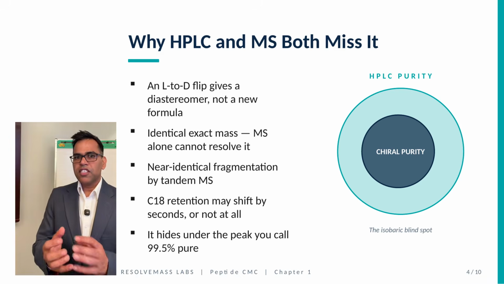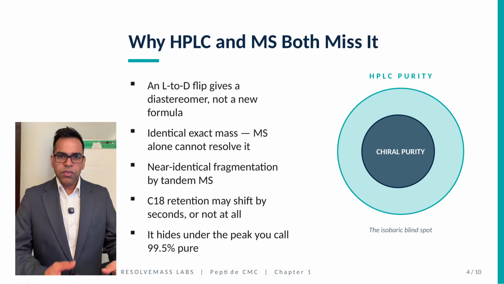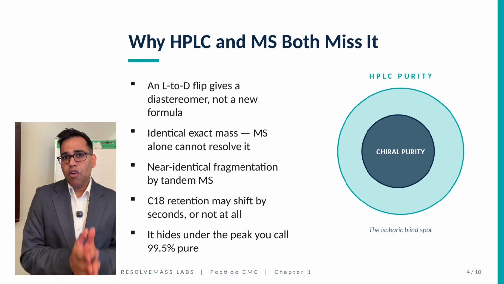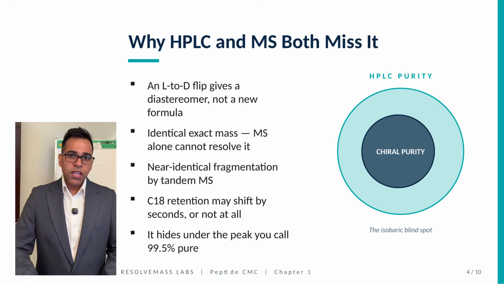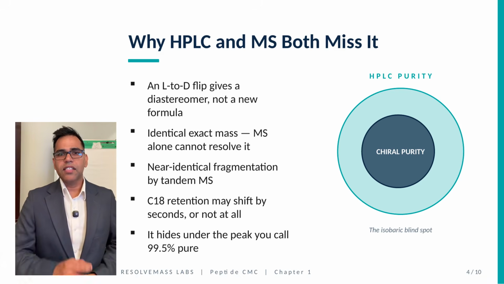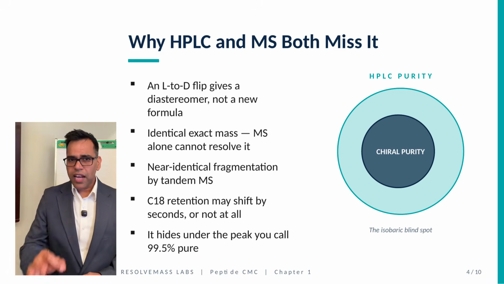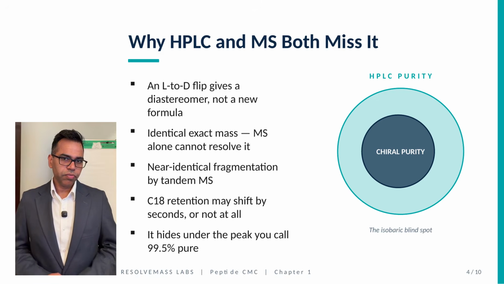And because the change is stereochemical rather than compositional, retention on a conventional C18 gradient often shifts by seconds, sometimes not at all. The peak you integrated at 99.5% can be carrying a diastereomer underneath it. Purity and chiral purity are two different measurements.